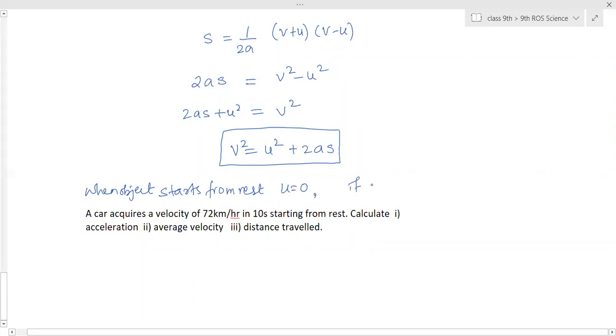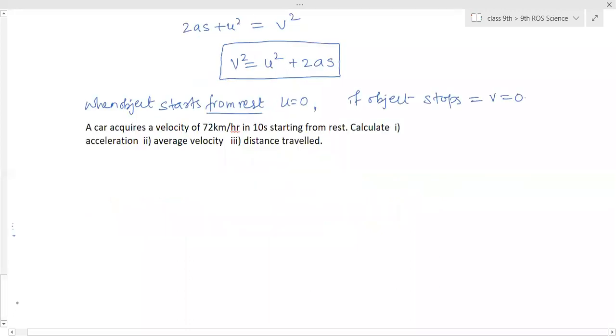And if the object stops after covering a certain distance, that means final velocity is 0. So in the first case, when the object is starting from rest, the value of u is 0. When the object stops, the value of v will be 0. It's clear?